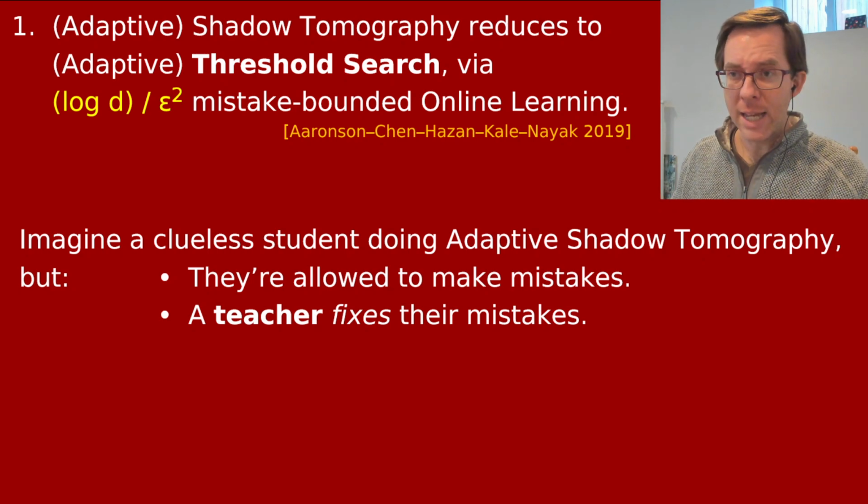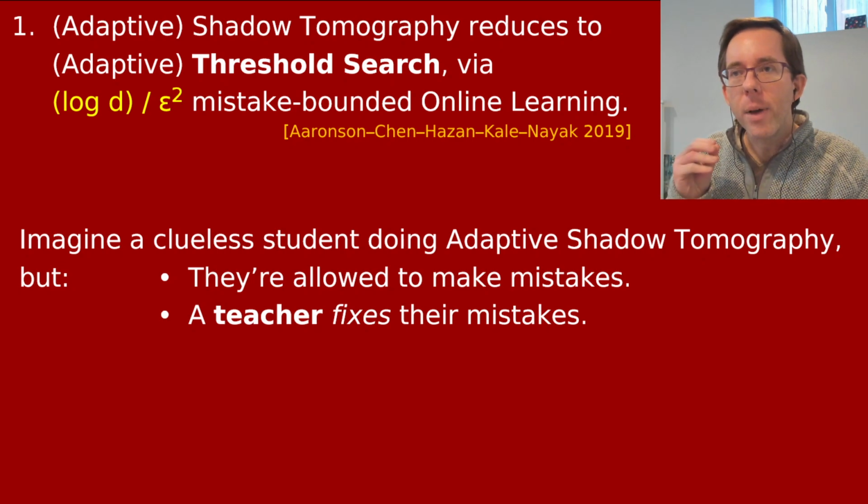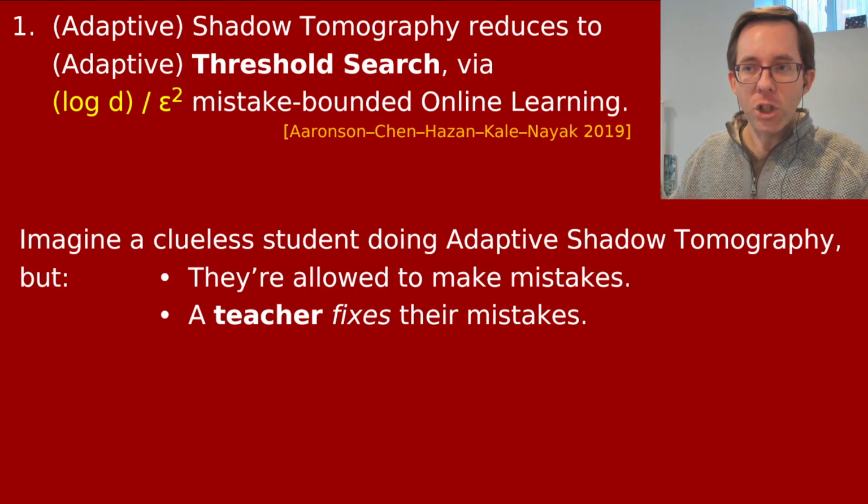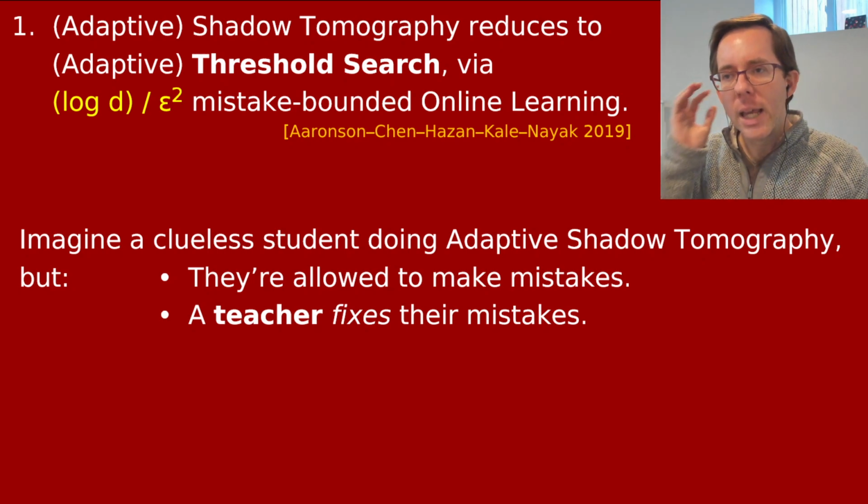So you're going to make some mistakes because you have to start out by making guesses. But in the setup of mistake-bounded learning, you imagine there's a third character, a teacher, who will fix your mistakes for you, who will explain to you what mistakes you've made.